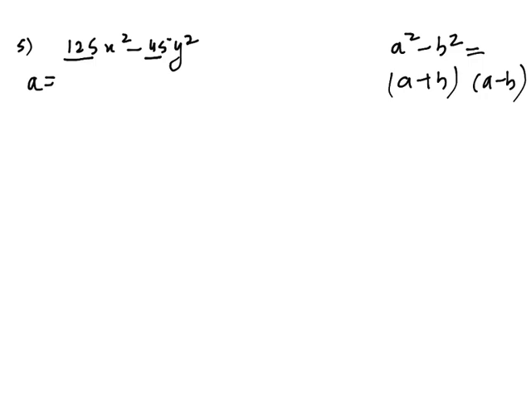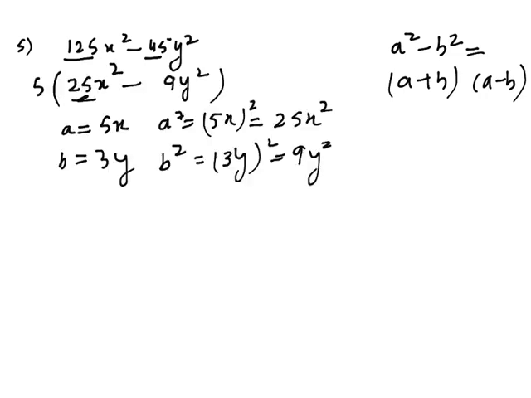any number. But here we can see we can take a common factor between 125 and 45, that is 5. So we can write it like 5 common outside, and here we can write it as (5x) whole square minus (3y) whole square.